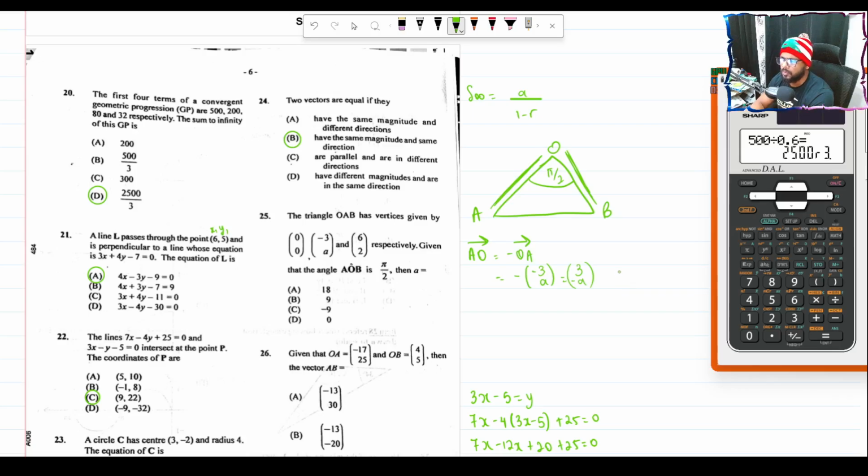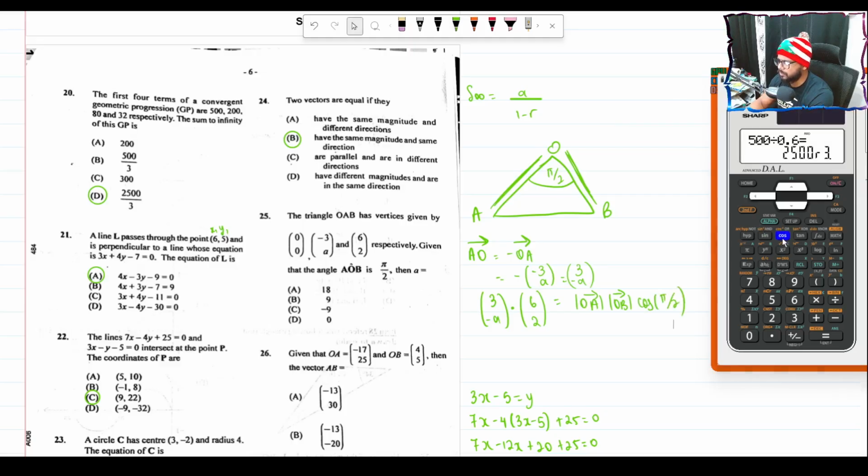And OB is just (6, 2). So (3, minus A) dotted with (6, 2) is equal to the modulus of OA, the modulus of OB, cosine of pi on 2.